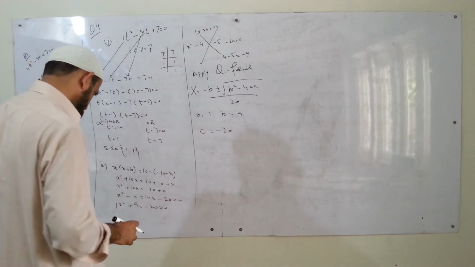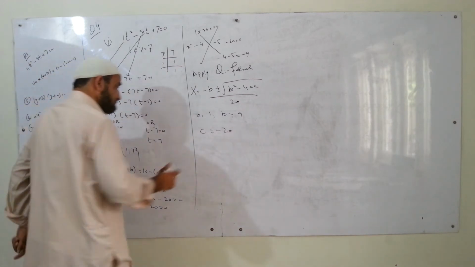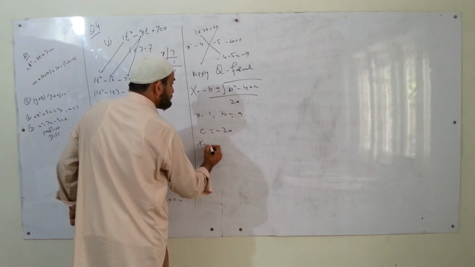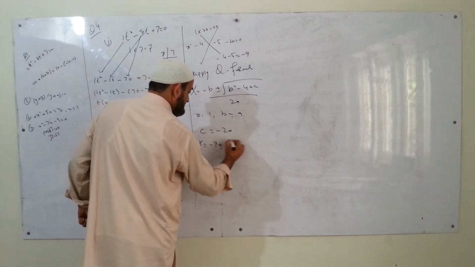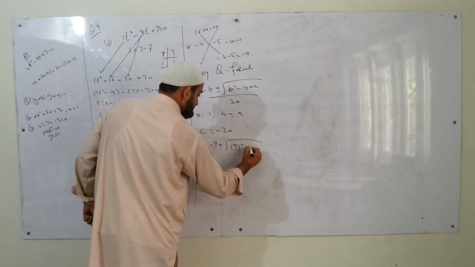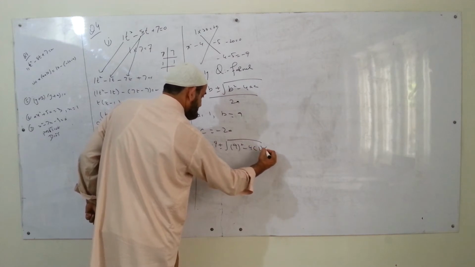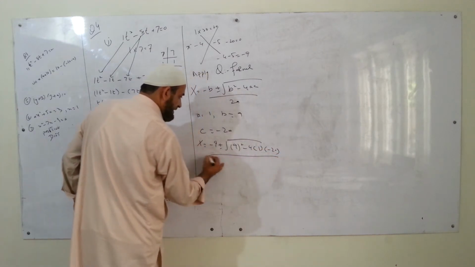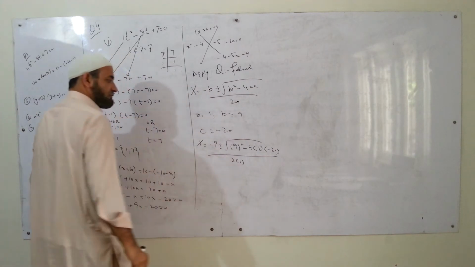Now, putting the values, x is equal to minus 9 plus or minus the square root of 9 square minus 4ac, divided by 2a.